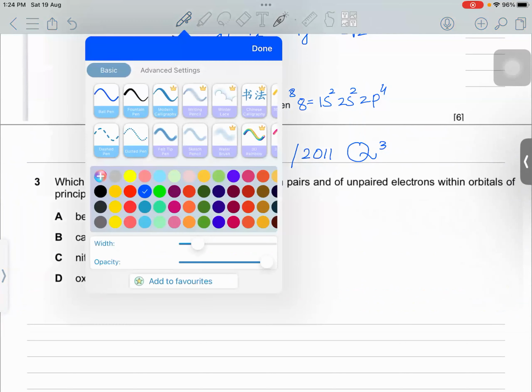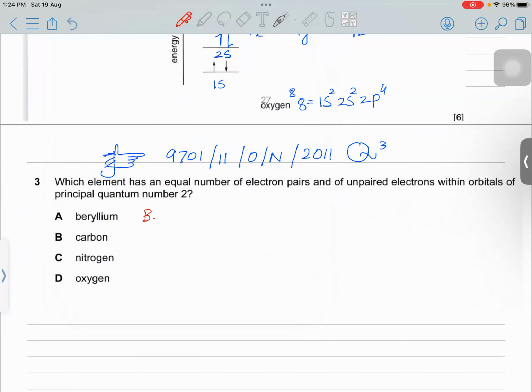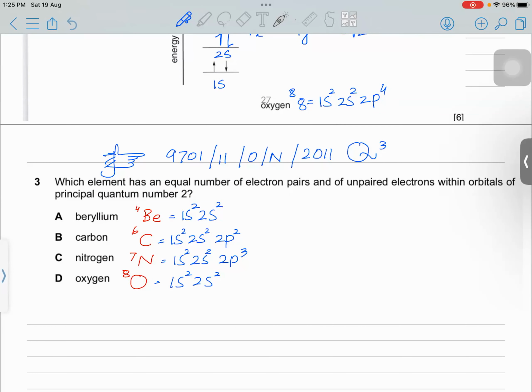Now you know that beryllium is 4, carbon 6, nitrogen 7, oxygen 8. Beryllium is 1s2, 2s2, carbon is 1s2, 2s2, 2p2, nitrogen is 1s2, 2s2, 2p3, oxygen is 1s2, 2s2, 2p4.